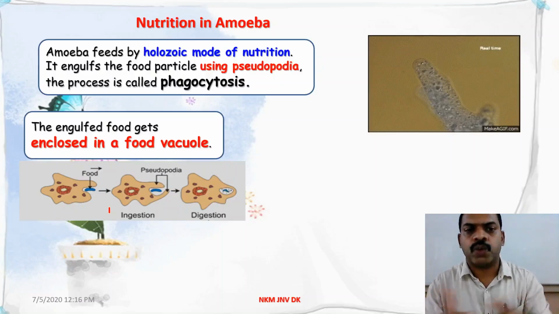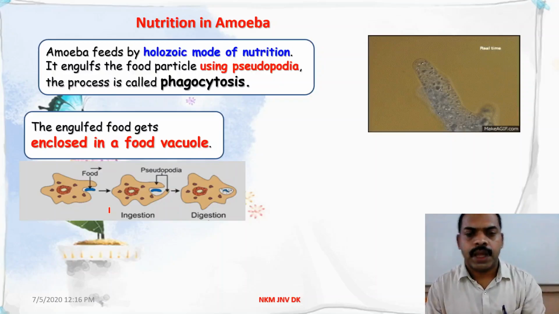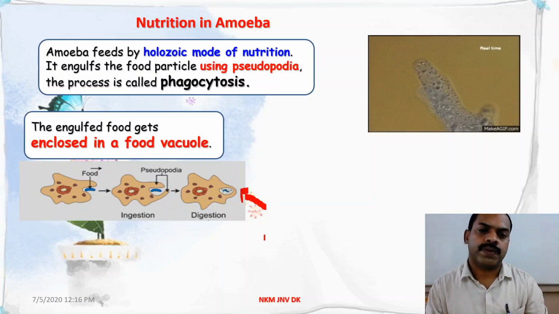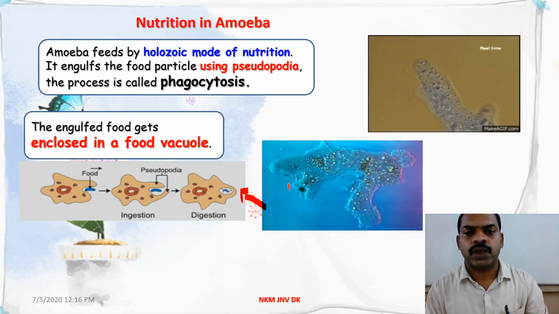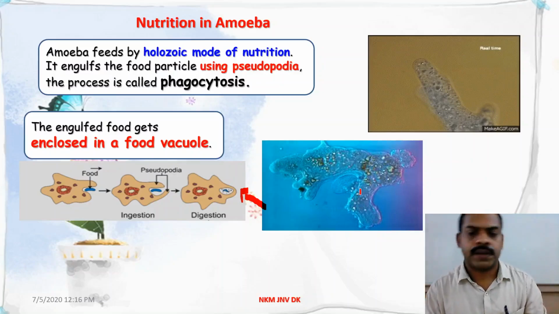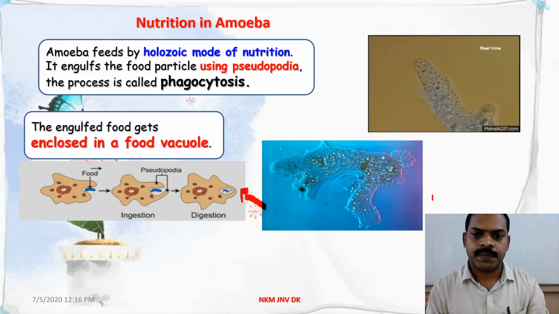It uses its pseudopodia over that, covering the food material, and with that they make a food vacuole. You can see here they made a food vacuole. Now the food vacuole goes into their body and continues the next process. Here you can see another amoeba catching a paramecium.